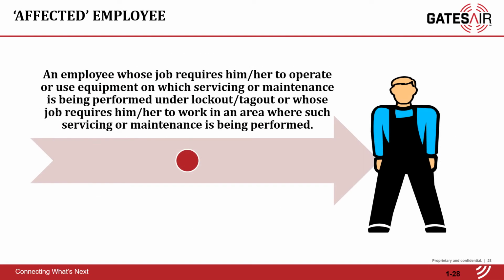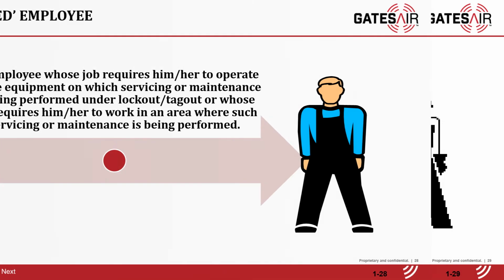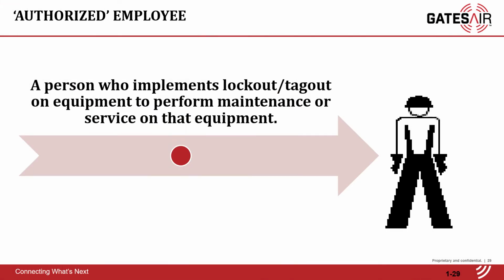An affected employee is one whose job requires him or her to operate or use equipment on which servicing or maintenance is being performed, or to be in an area where such servicing and maintenance is being performed. An authorized employee is the person who implements the lockout and tagout on the equipment to perform maintenance or service.